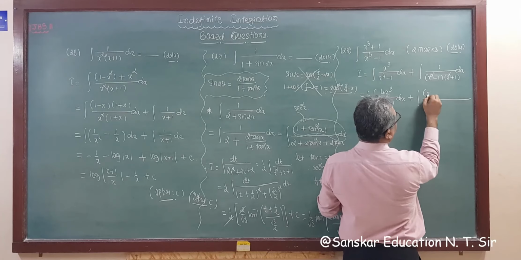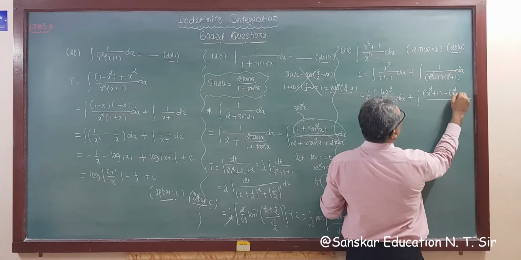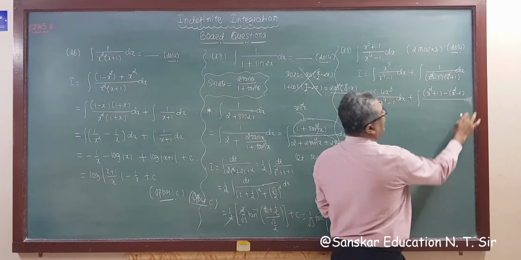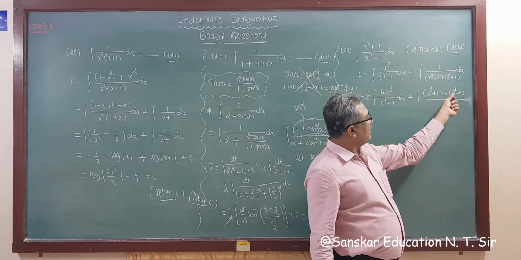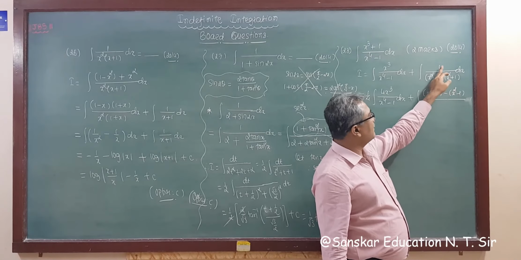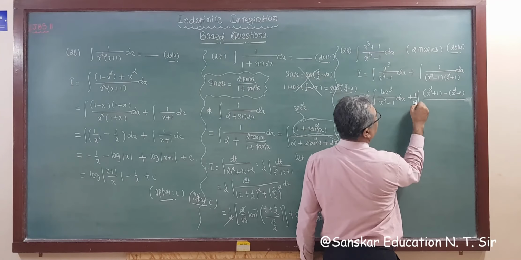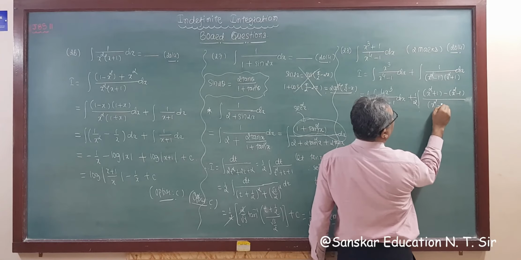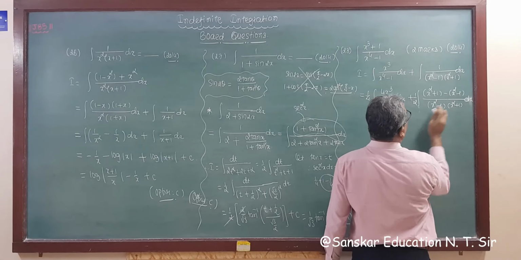So I am writing x square plus 1 minus x square minus 1 in the numerator instead of 1. So x square will be cut, 1 minus minus plus 1, so 1 plus 1 is 2. That means we multiplied by 2 and we have to divide by 2. So divide by 2 here. This is x square minus 1 and x square plus 1 dx.